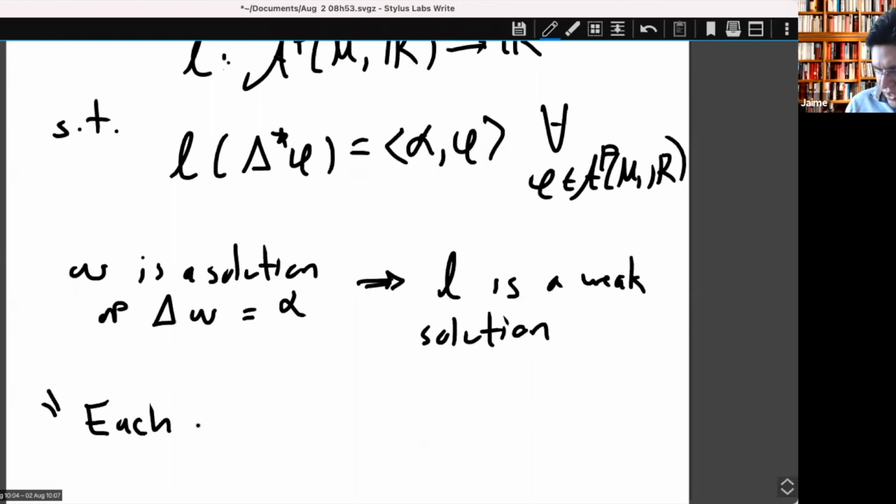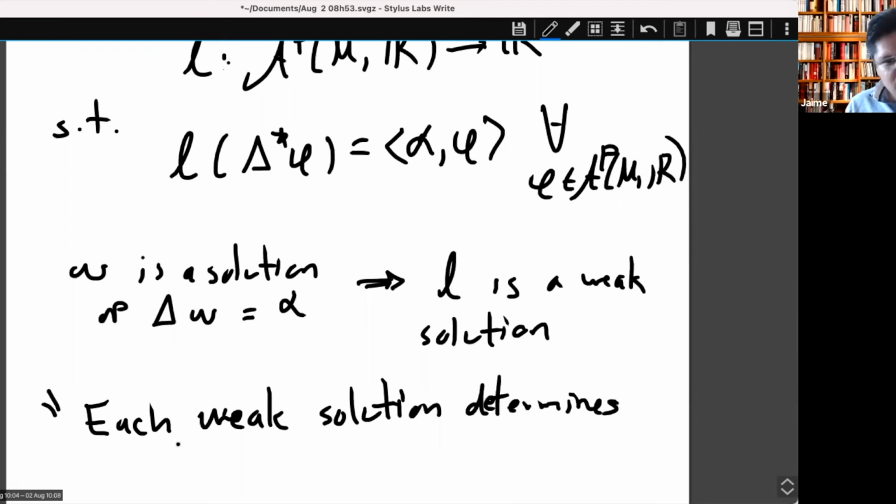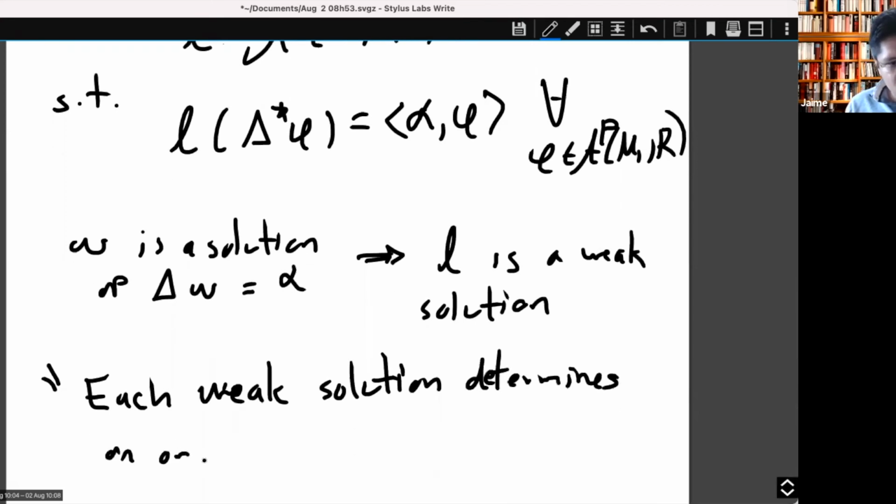Each weak solution, let's put it this way, determines an ordinary solution of the Laplacian equation.